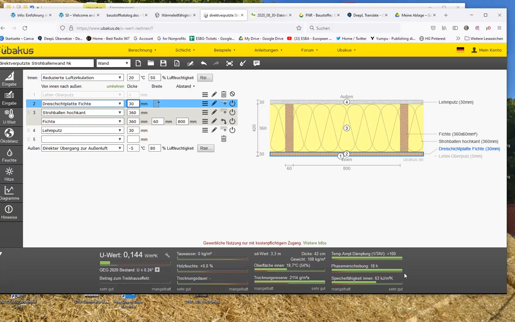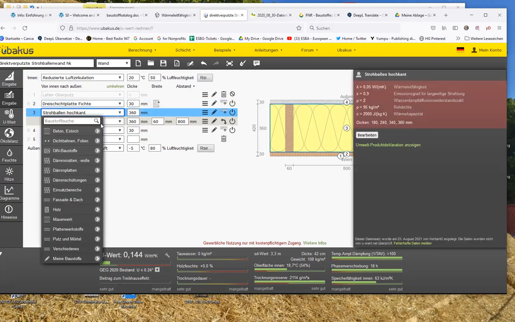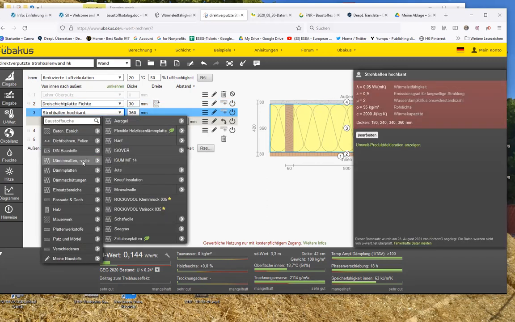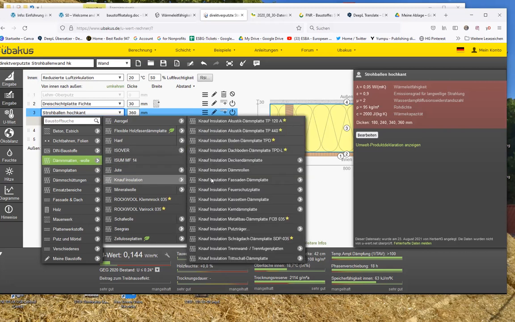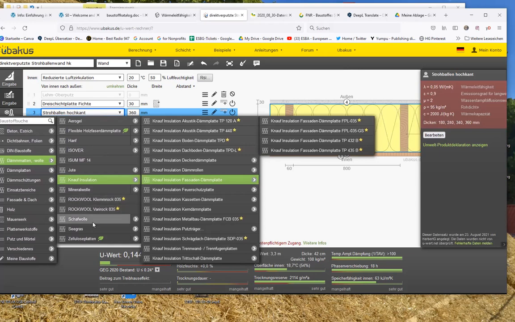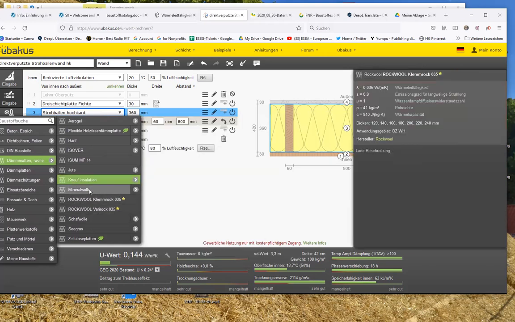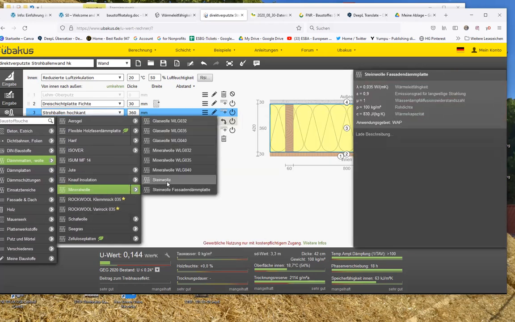So maybe you change straw bale for some conventional insulation, any kind of EPS or wool. Mineral wool, let's say. Steinwolle.